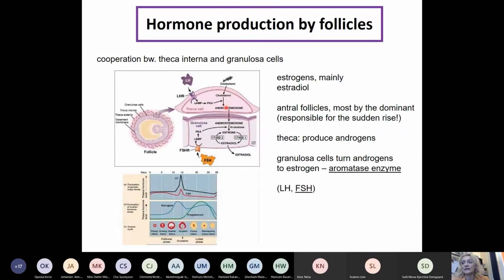Here you can see this biochemical reaction from androstenedione. The aromatase enzyme present in the Granulosa cells makes the estradiol. So estradiol is the main estrogen produced in the ovary. This whole process is stimulated by FSH, mainly FSH.